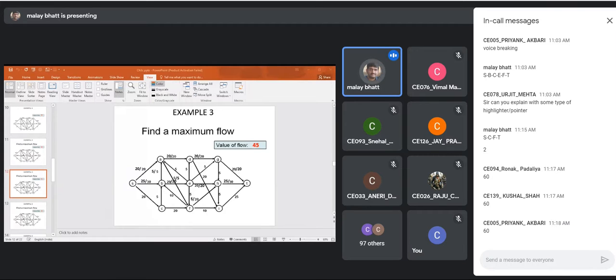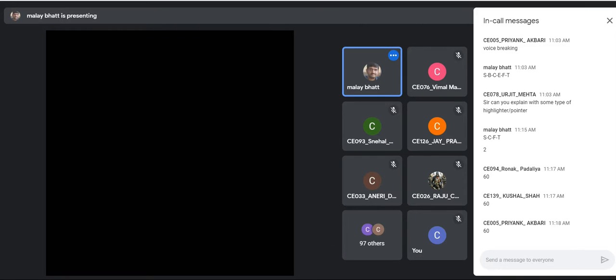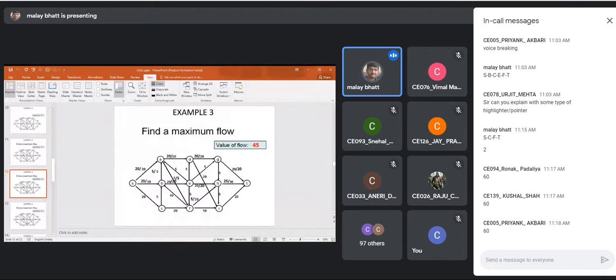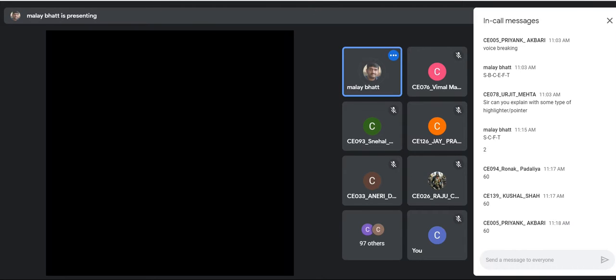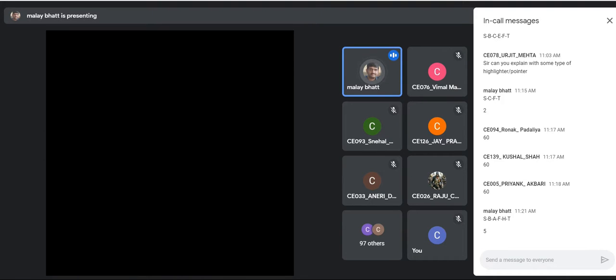You can see that as well. S to B, B to A to F, F to H, and H to T. It is a valid path, which will give you a new flow value as 5.